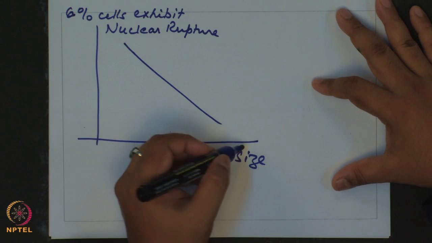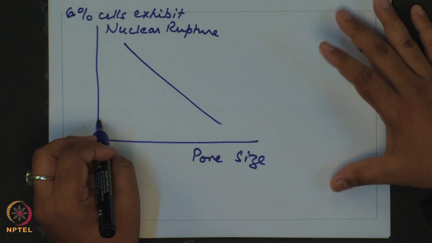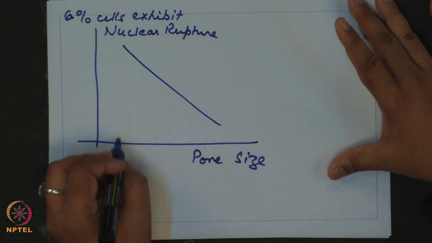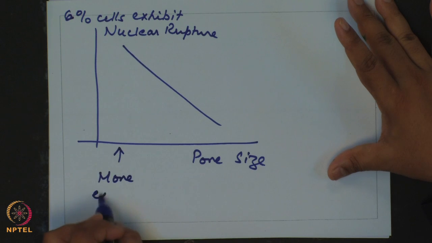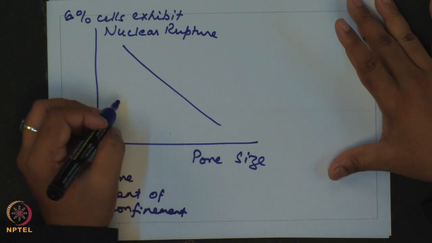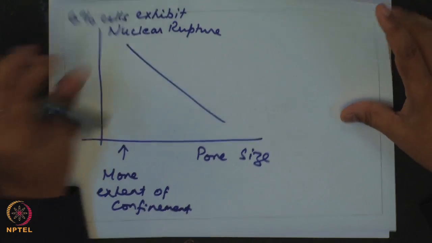Okay. So, with an increase in pore size, there is a negligible number of cells which exhibit this nuclear rupture. Okay. But if you reduce the pore size, so this is more confinement, more extent of confinement, okay, more the confinement, more amount of nuclear rupture. Okay. So, however, this rupture does not continue for long.